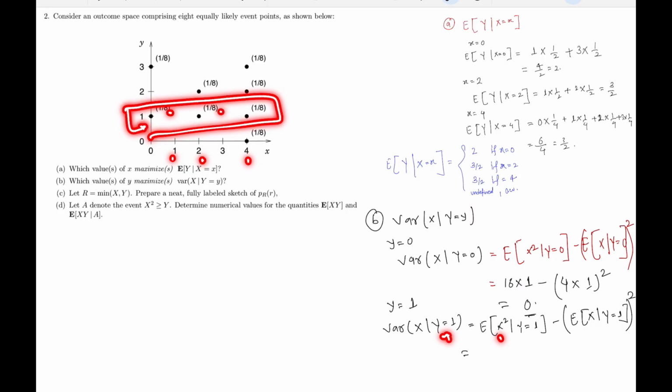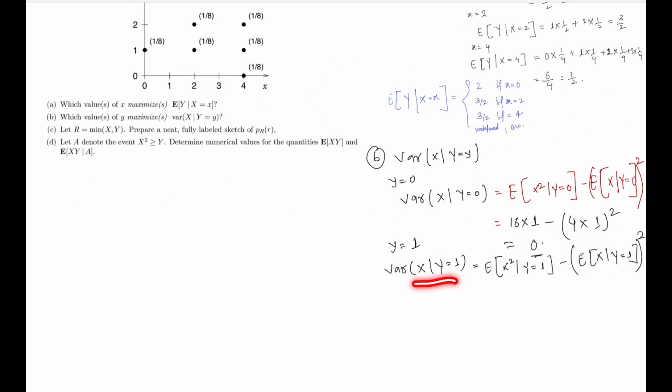What will be the revised probability? 1 divided by 8 divided by 3 divided by 8, so that will be 1 divided by 3. So each conditional probability will be 1 divided by 3. We can now find the conditional variance of x given y equals 1.